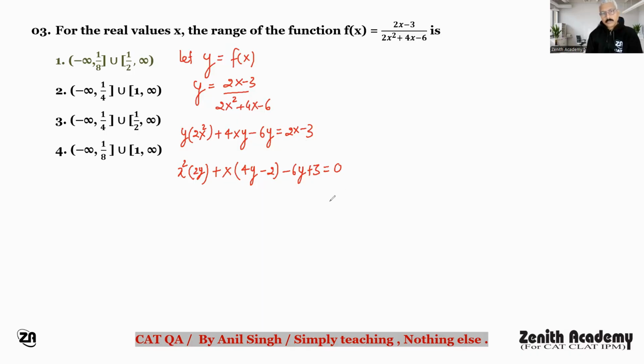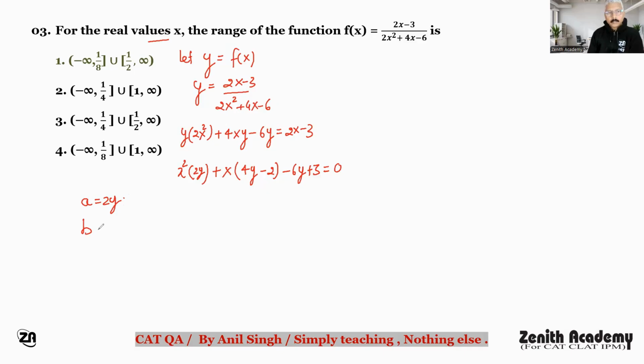So now it is a quadratic equation, and it is given for real values of x. So for this quadratic equation, if the roots are real, then the discriminant must be greater than or equal to 0. Here ax square plus bx plus c is equal to 0.